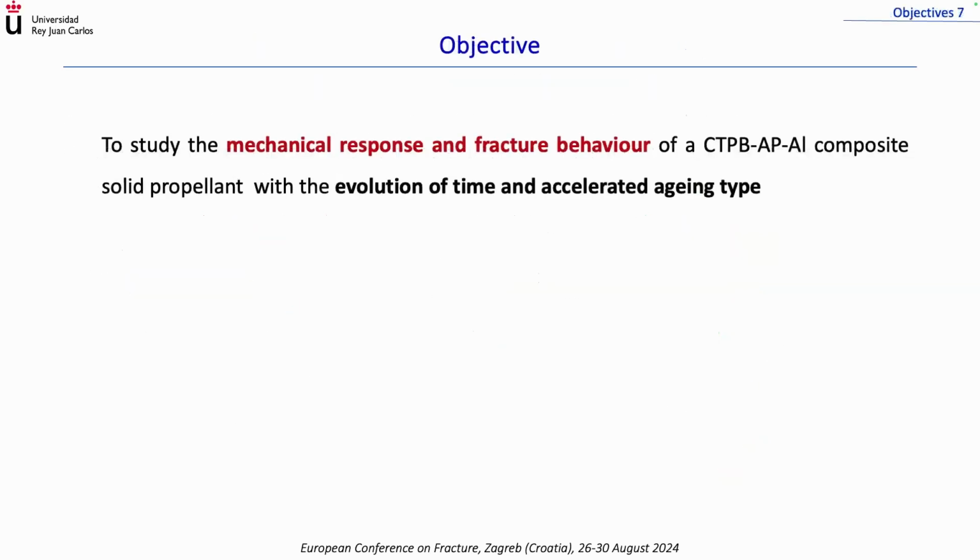So the aim of this work is to study the mechanical response of the fracture behavior of a carboxyl terminated polybutadiene based composite solid propellant with evolution of time and accelerated aging time.